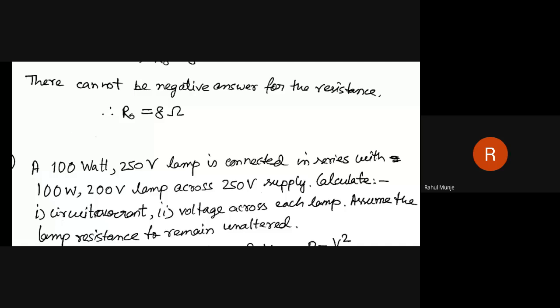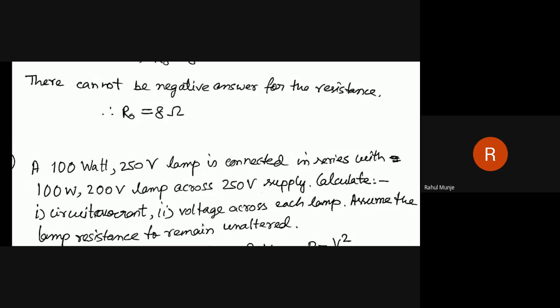Can you try on your own? Yes, ma'am. Just try once and then I'll discuss. I'm just telling you a brief hint. First draw the two lamps in series with each other, same as in the problem previous to the previous one.